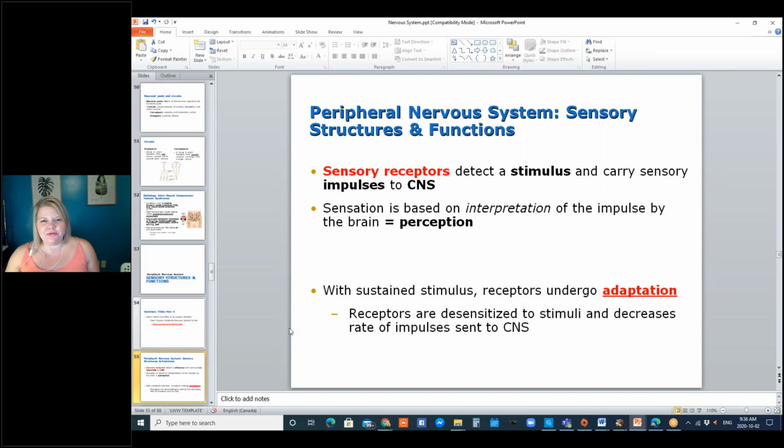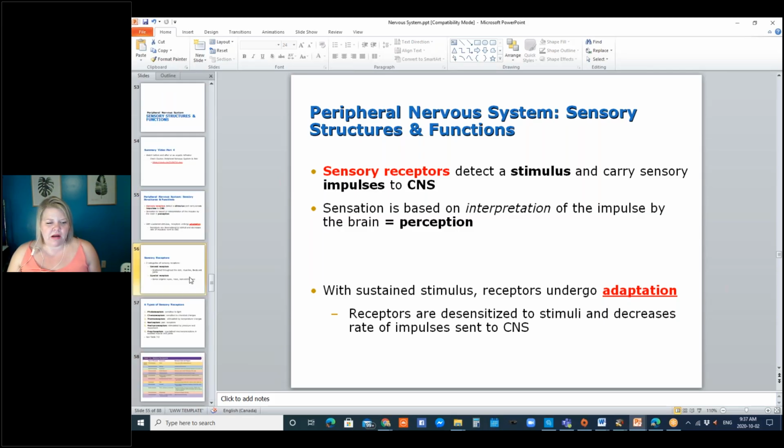Threshold's always exactly the same, but it is the rate of the impulse that makes a big difference. If you have a receptor that's desensitized, you need to increase the rate of impulses or the intensity in order to sense it again or turn it back on.